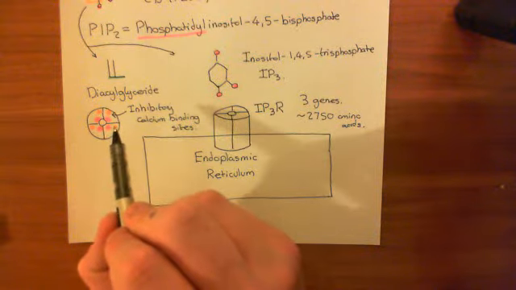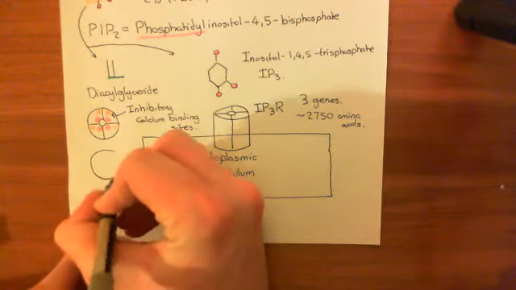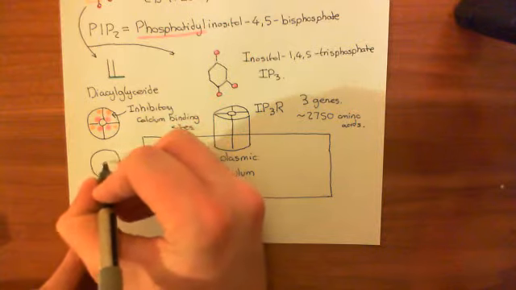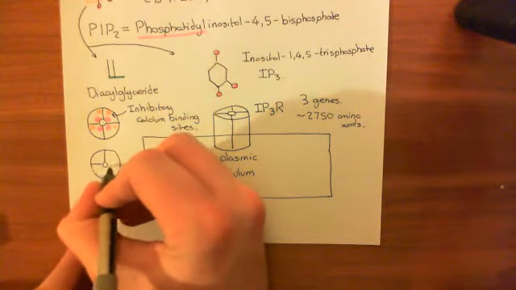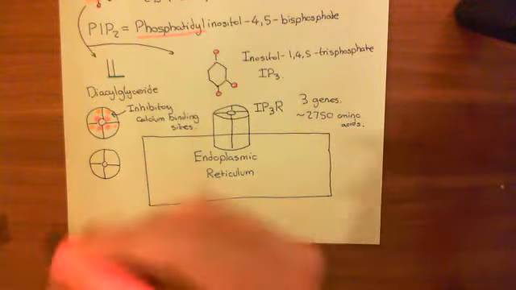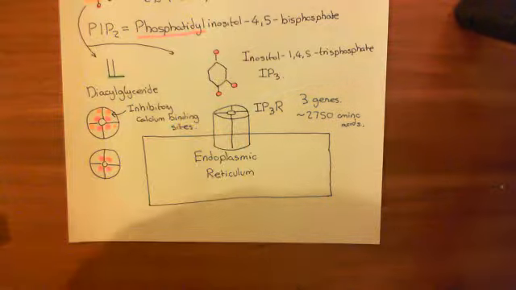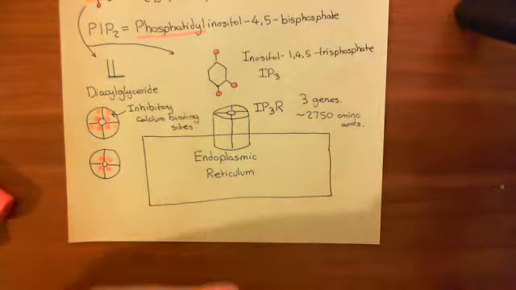And when IP3 binds, what will happen is it will cause a change in the conformation of these subunits that make up the IP3 receptor. And this inhibitory calcium binding site will go away, basically. It's magicked away. And it's replaced by a stimulatory calcium binding site. So I'll denote this in green.